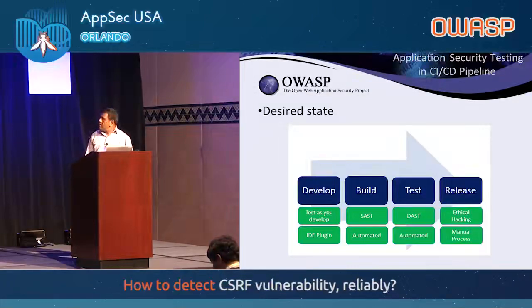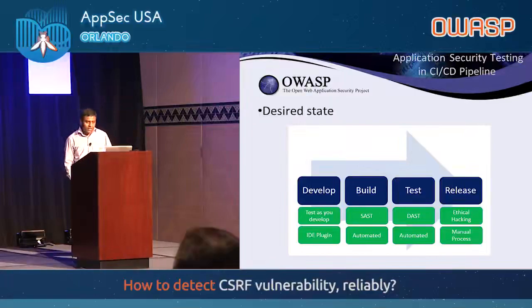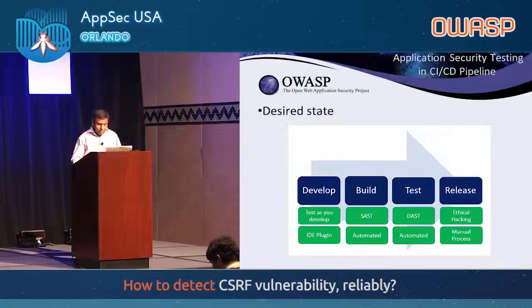We wanted to be in a state like this where we had some kind of testing going on at each phase of the application life cycle. We did have a pretty mature pen testing program. That is something that was worth talking about. But other than that, all we had was a little bit of static analysis.